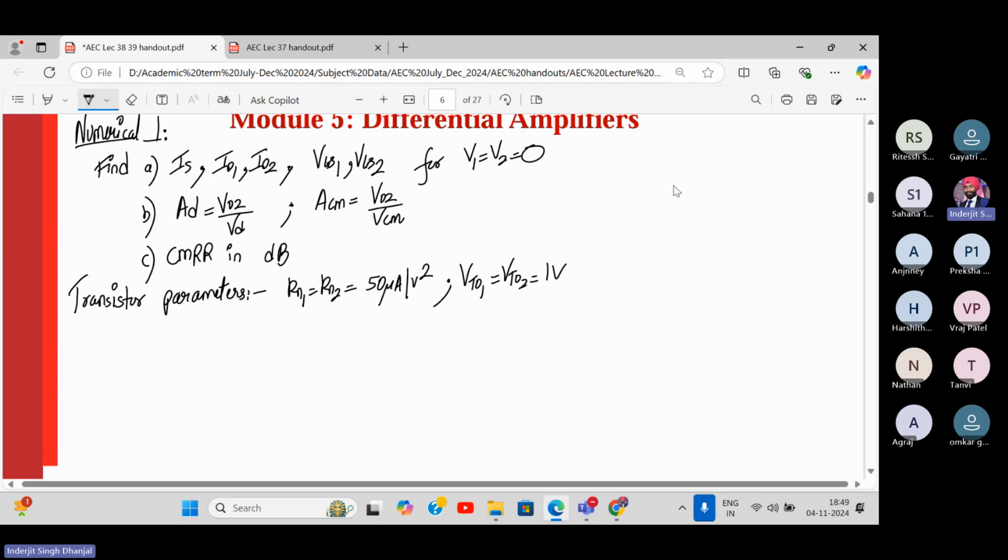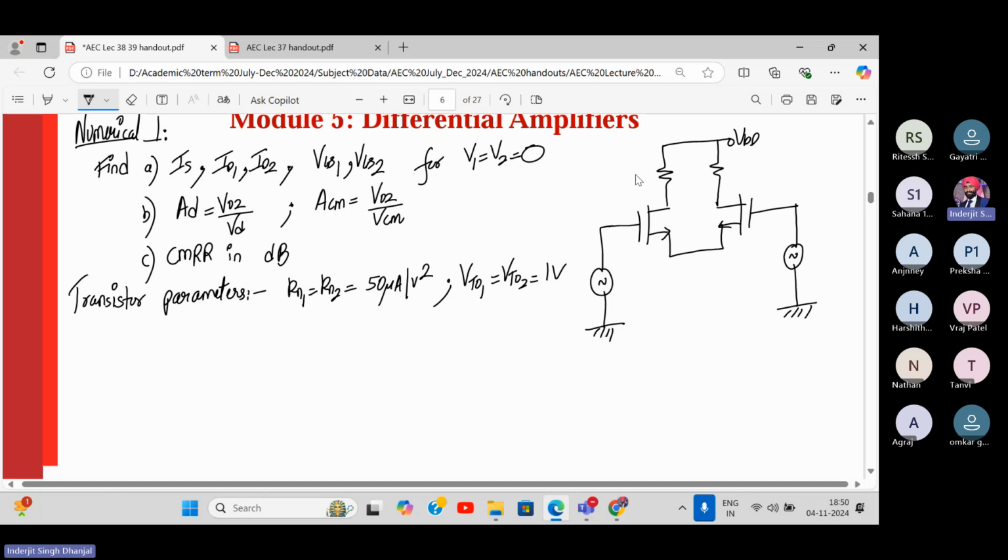And now let me draw the configuration. So this is the configuration in front of you. It's a dual input, but an unbalanced output. This is RD1, this is RD2. RS is given to you directly actually.